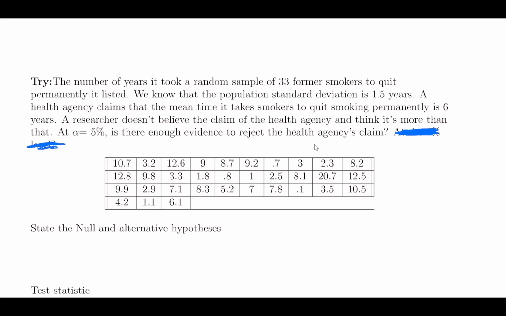All right. So first thing we're going to do, we're going to label everything. We're going to label n, x bar, sigma, and alpha. I think that's it. All right, so what's my n? How big of a sample size do I have? 33.